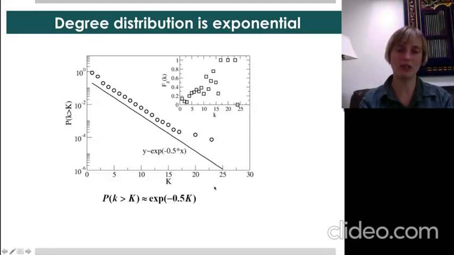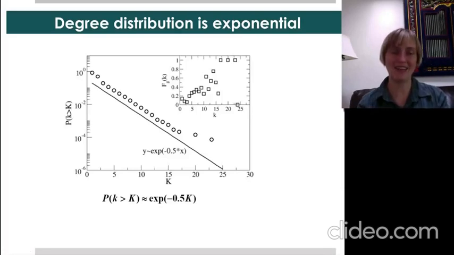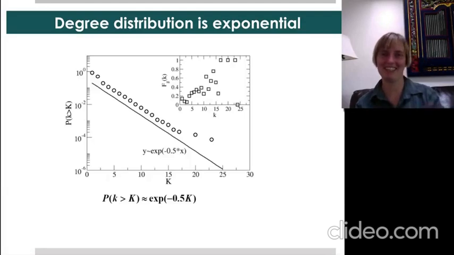The highest degree node has fewer than 25 connections, which kind of makes sense. Can you really imagine one of these transmission stations being wired to 1,000 others, right? You just can't really imagine this topology of high voltage wires really doing that.